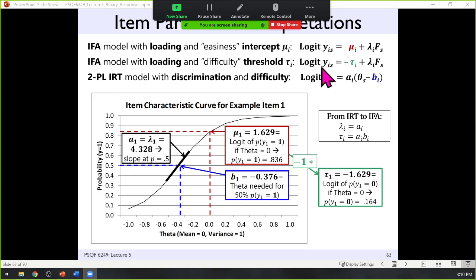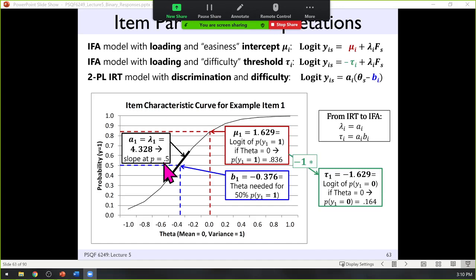So on this curve, the point where the curve crosses 50-50, that's my slope right here. So that's discrimination, that's my factor loading, that's the same thing. It's the slope at that point. Okay, so that's A, and loading.